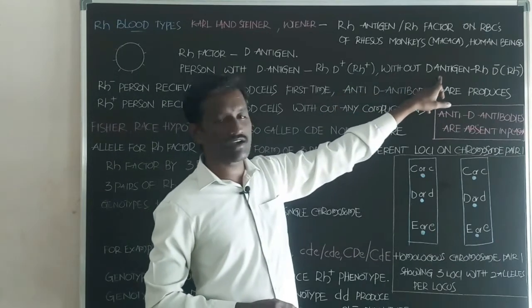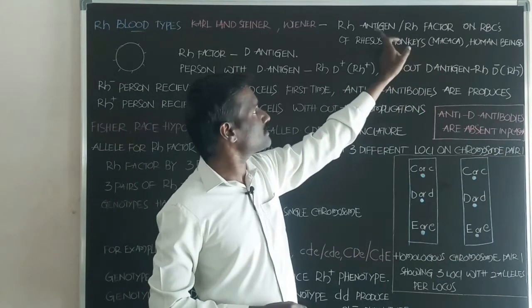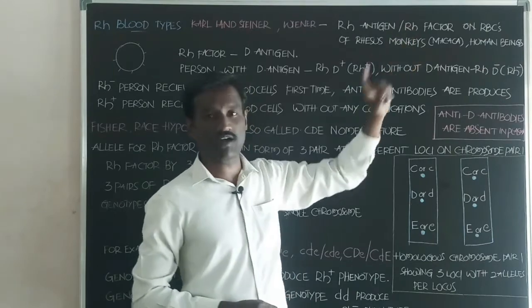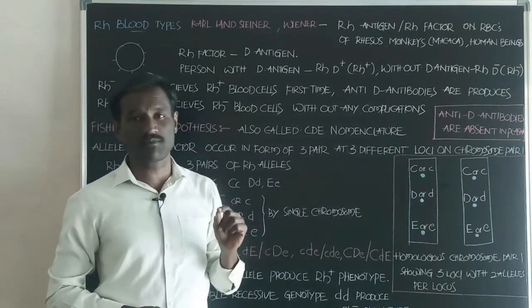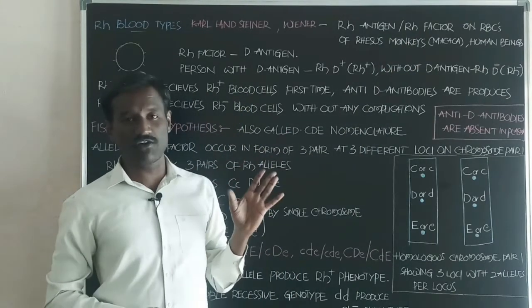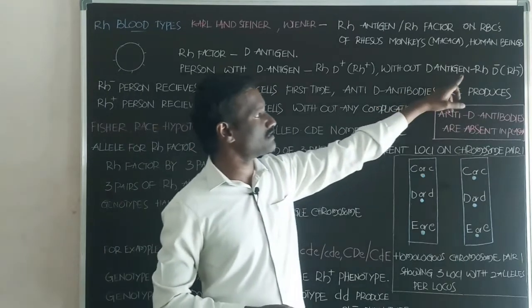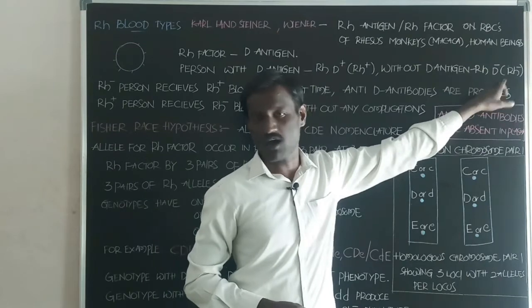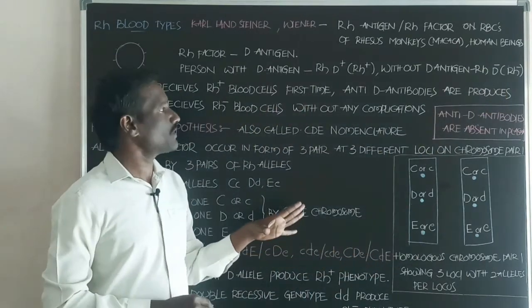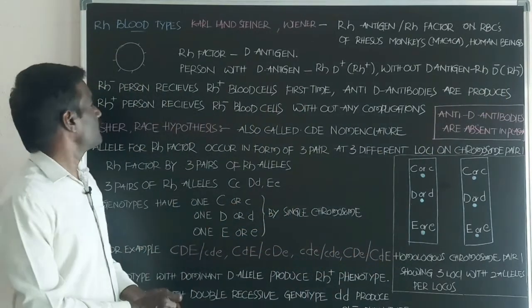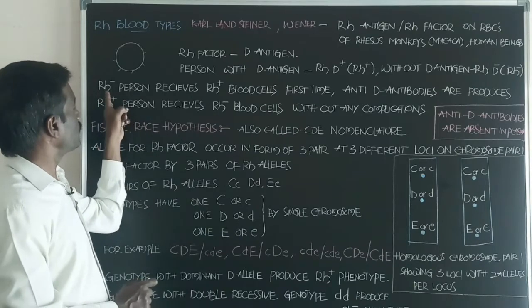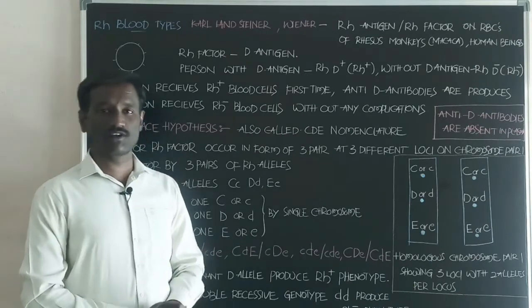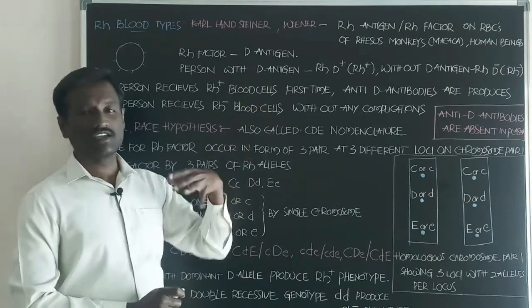Without the D antigen, Rh factor is absent on the plasma membrane of RBC in some individuals. Those persons are called RhD negative or Rh negative. In an Rh negative person, the D antigen is absent.